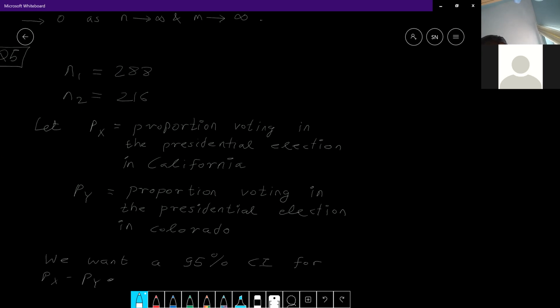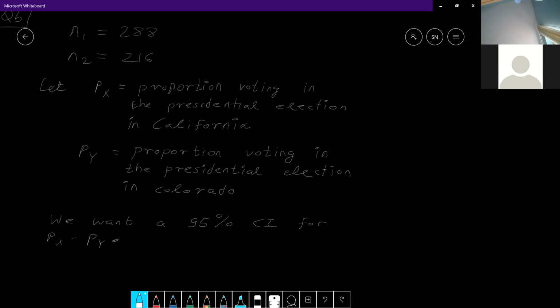Now, you should look back in my notes, either the printed notes or the handwritten notes. You will see the formula is the following.